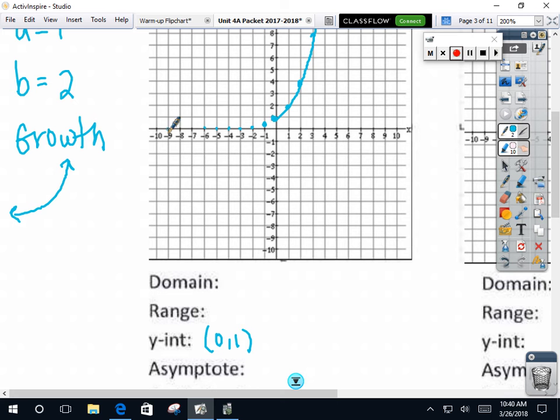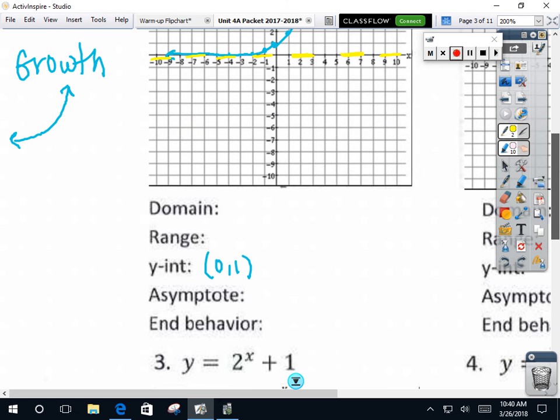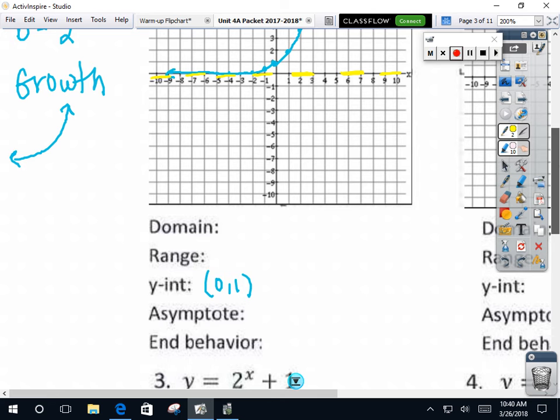Now, does anybody remember what that's called? Somebody already said it a while ago. I heard it. The asymptote. See how they're all flattening out right there? That's called an asymptote. And what is the equation of that asymptote? No, it's an equation.